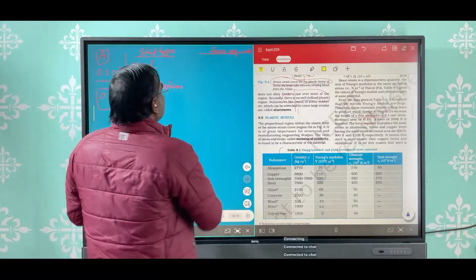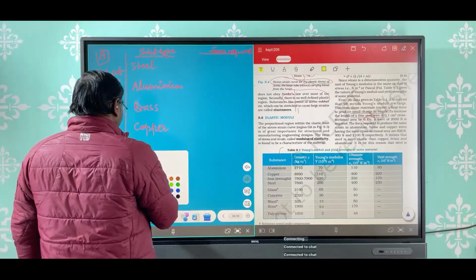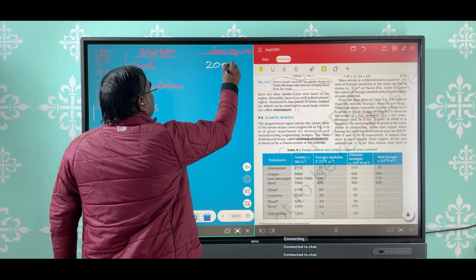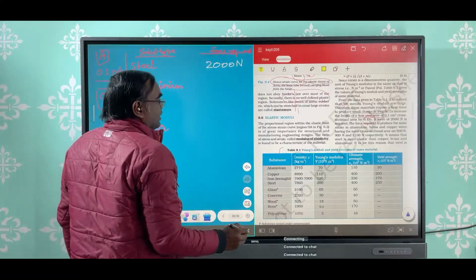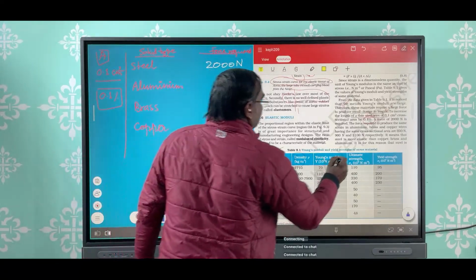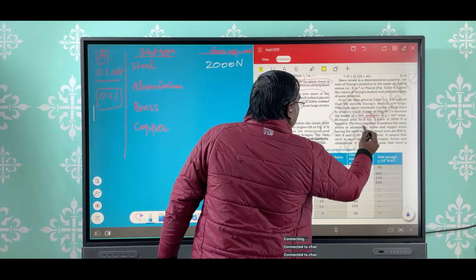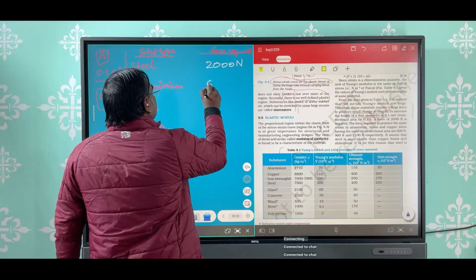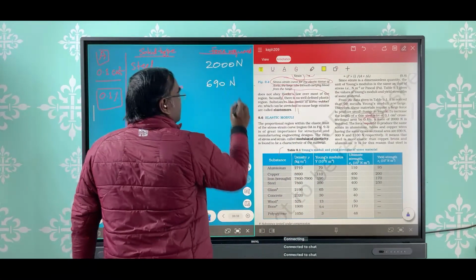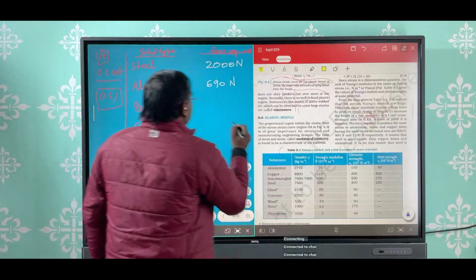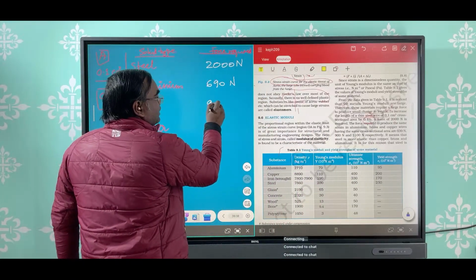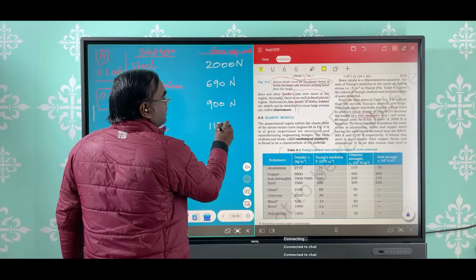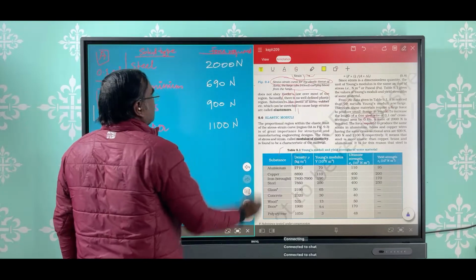So for the steel, this is 2000 Newton. For aluminum, 690. For brass, this is 900 Newton, and for copper, this is 1100 Newton.